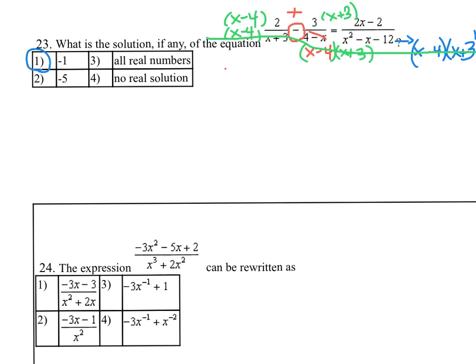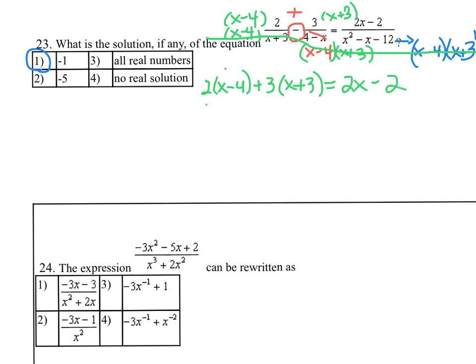So I'm not going to distribute anything yet. So I've got 2, and I've got an x minus 4, and then I've got plus 3, and an x plus 3, equals, and I didn't multiply the second fraction on the right side of the equal sign by anything because it didn't need anything. So it just stays.